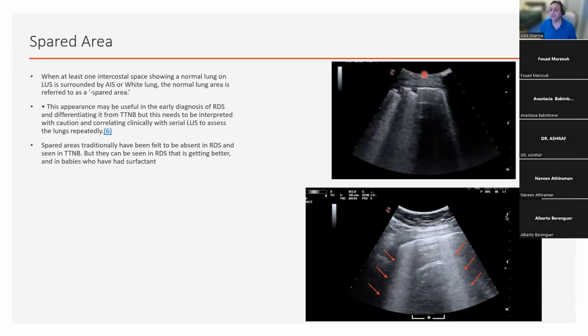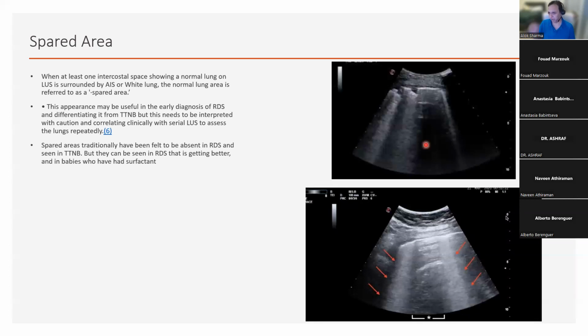But when there's very severe TTN, this anterior aeration will suffer and you'll see fewer spared areas. So just be careful that because you don't see a double lung point, you see a complete whiteout lung early on, you don't decide that the baby might not have transient tachypnea of the newborn.